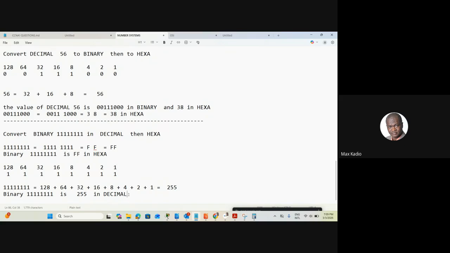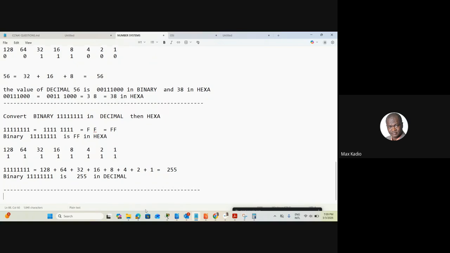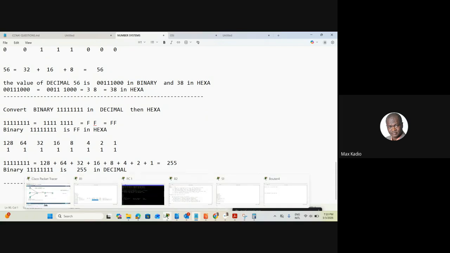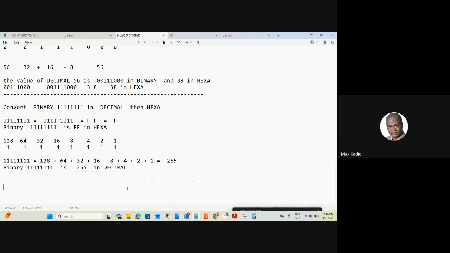Binary. Now if you have hexadecimal and you have to convert, hexadecimal is very easy. For example, let's say 4D. Convert hexa 4D in decimal.